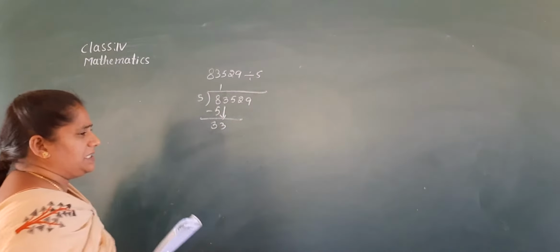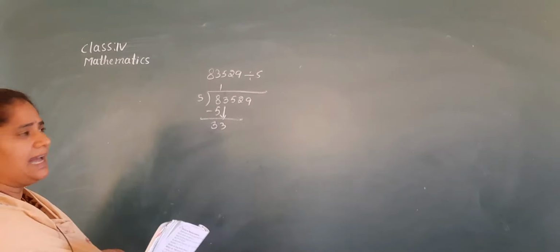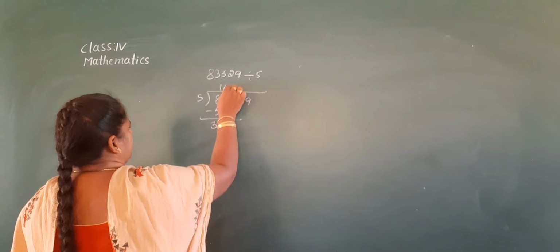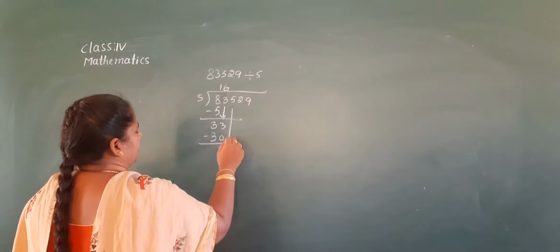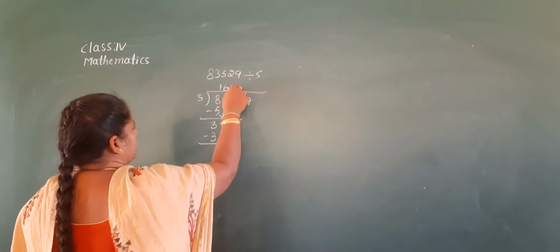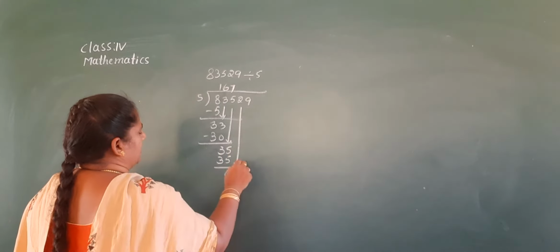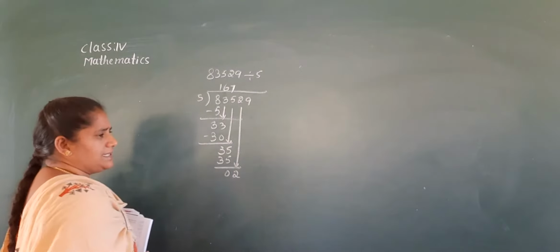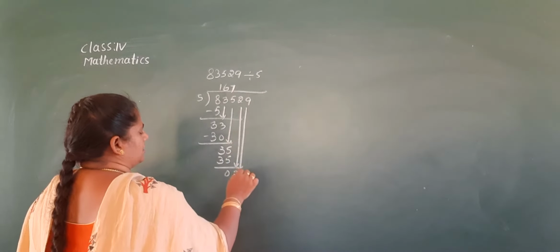In the 5 table, the nearest number to 33 is 5 sixes are 30. 33 minus 30. Take down 5. 5 sevens are 35, remainder 0. Take down 2. 2 is not divisible by 5, so you take the next digit also.